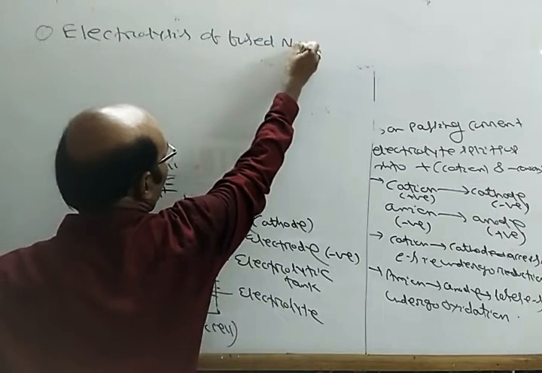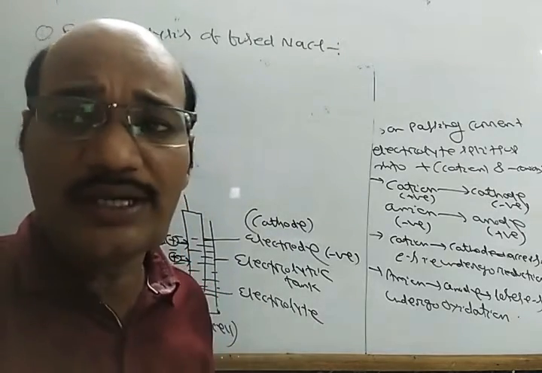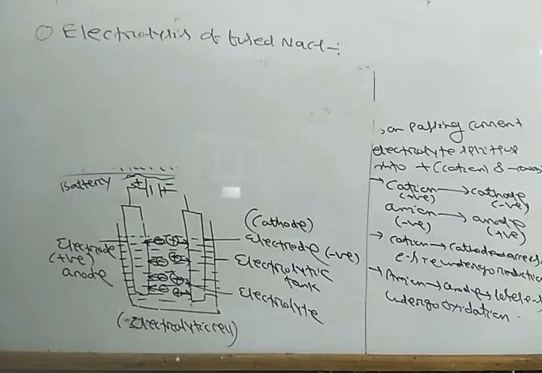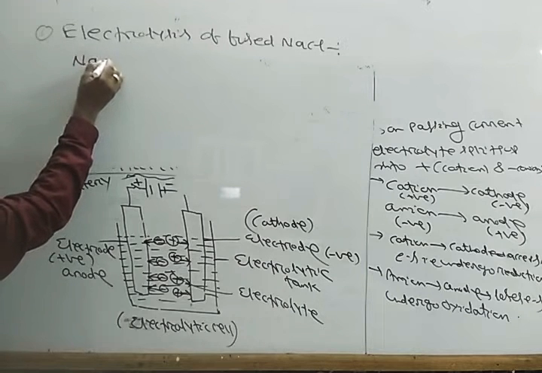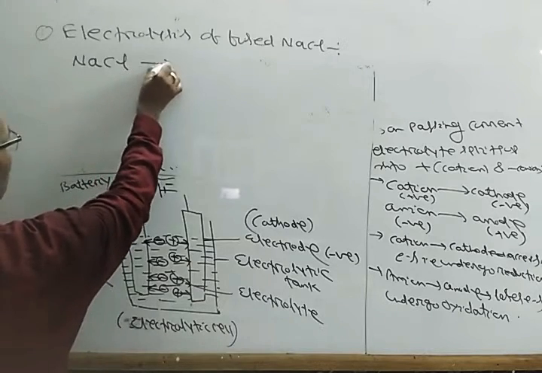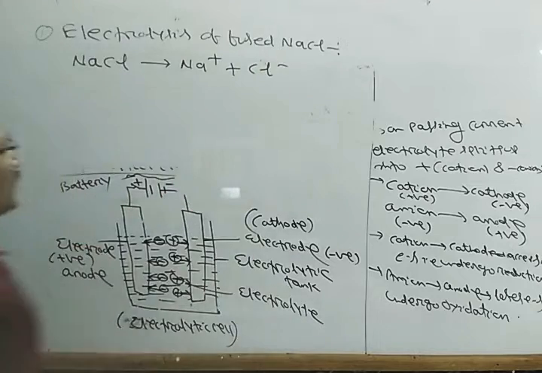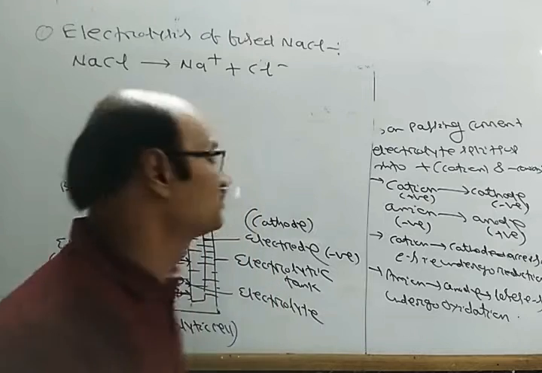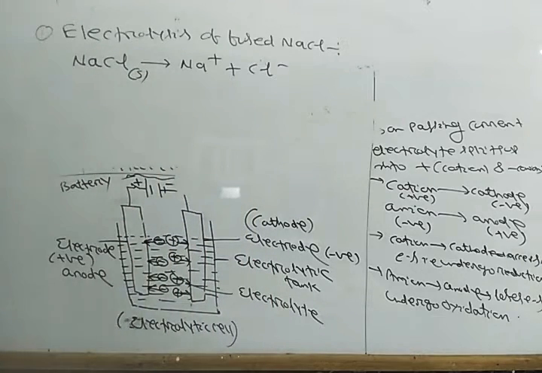When we have fused NaCl, that means we have Na plus and Cl minus. NaCl is solid. So Na plus, Cl minus.